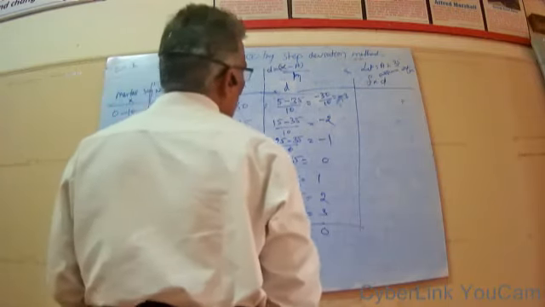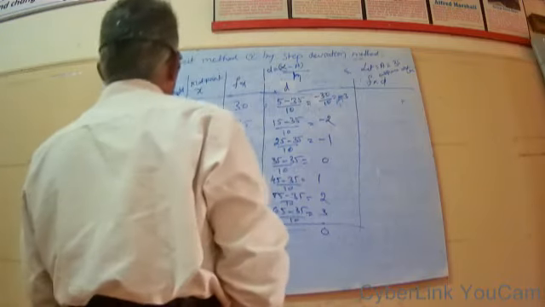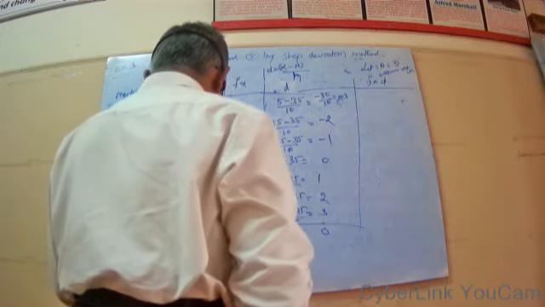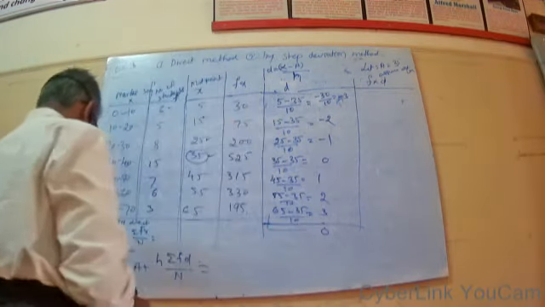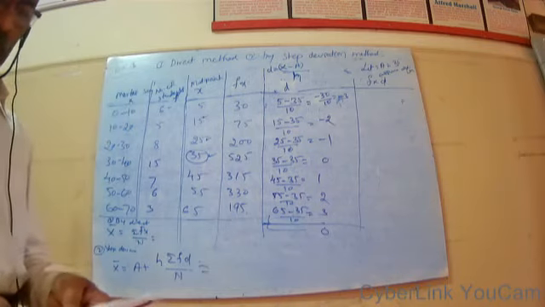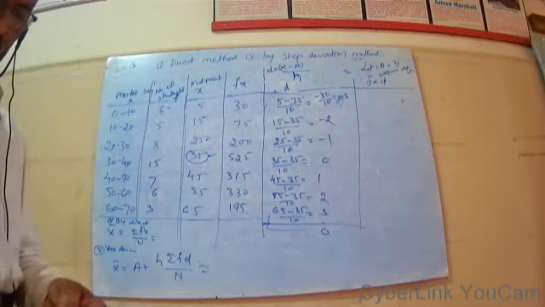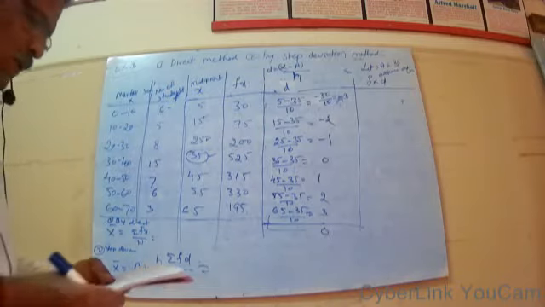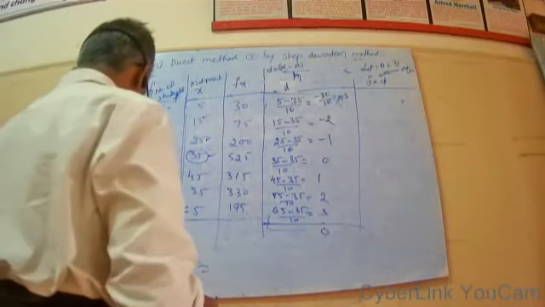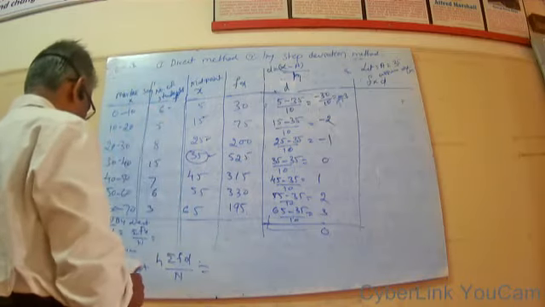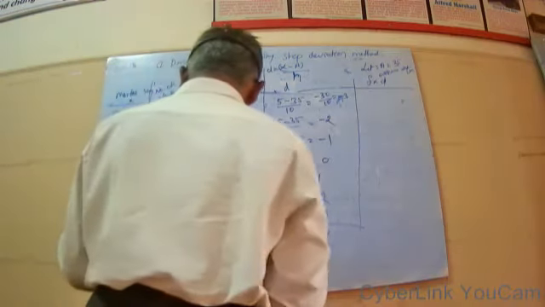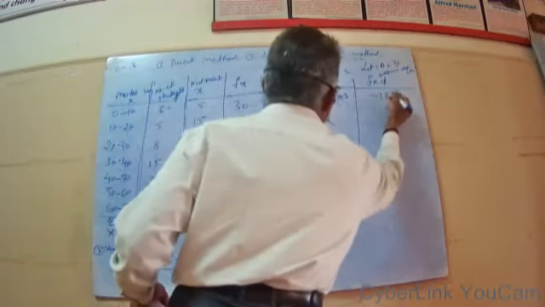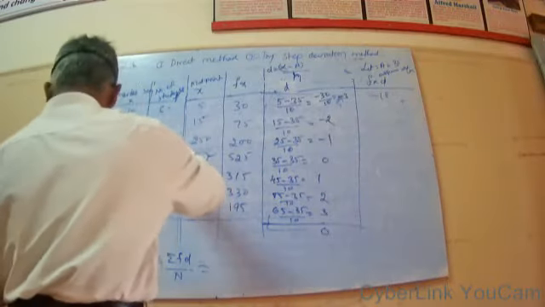Sorry. f into d. d should be minus 3, so minus 3 into 6 is minus 18. This was a mistake. f is 6, so minus 3 into 6 is minus 18, and minus 2 into 5 is minus 10.